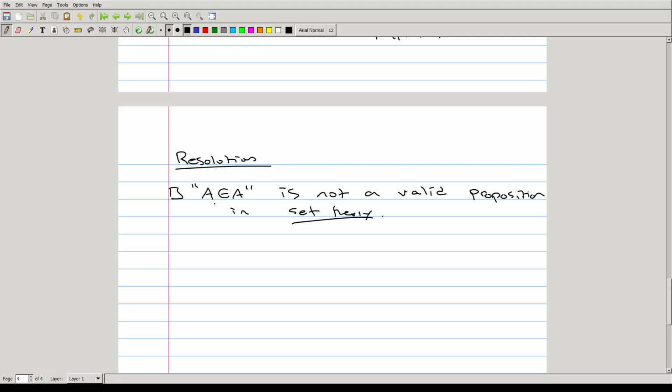Specifically, in the realm of axiomatic set theory, we're going to have axioms in place, and we can prove using the axioms, that having a set be an element of itself is impossible.